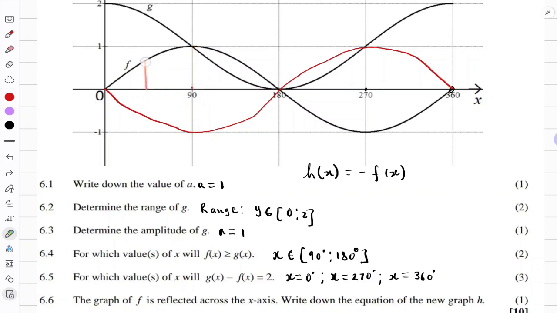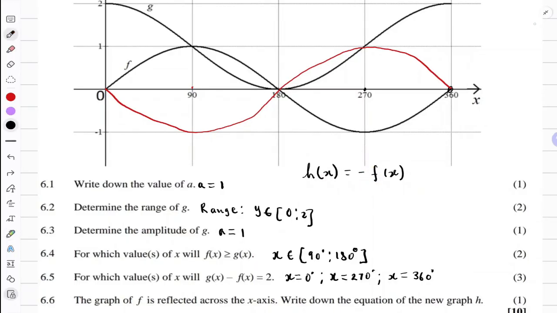When f of x is positive half, h of x is negative half. So whatever y value you get for f of x, h of x has to be the negative of that. Hence the introduction of minus 1. So this means that h of x is going to be minus f of x, which is minus sine of x.